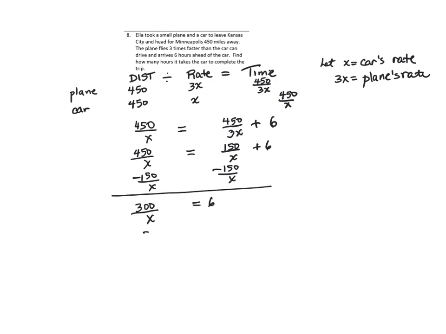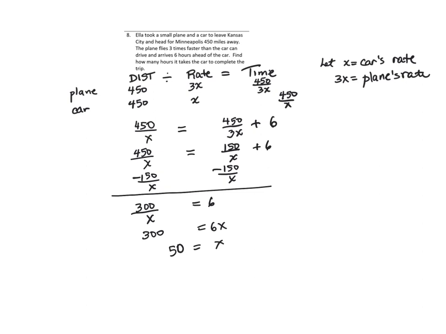If we cross multiply, we get 300 equals 6x, and x equals 5. So the car's rate is, oh, I'm sorry, it should be 50. That didn't make sense. So the car's rate is 50 miles per hour, and the plane's rate is 150 miles per hour, which makes sense.